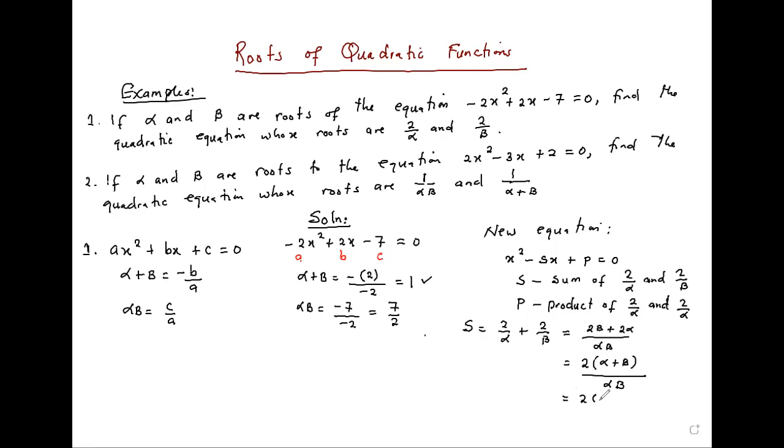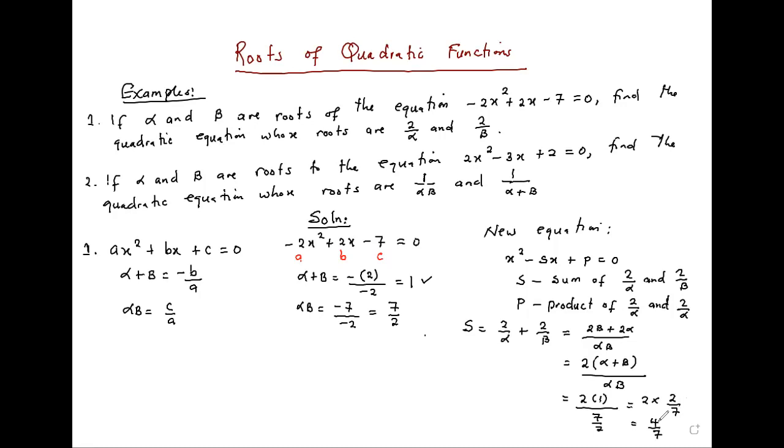So 2 times 1 over alpha beta, which is 7 over 2. When I divide by a fraction, I must switch, so I didn't switch there. So when you do it correctly, it becomes 2 over 7 times 2. So we get 4 over 7 as S.